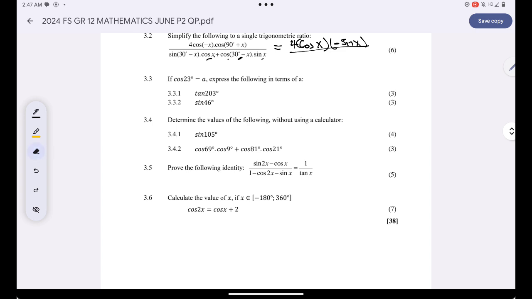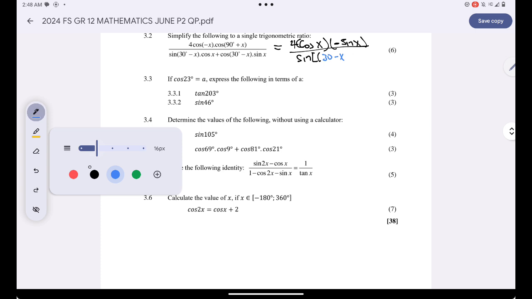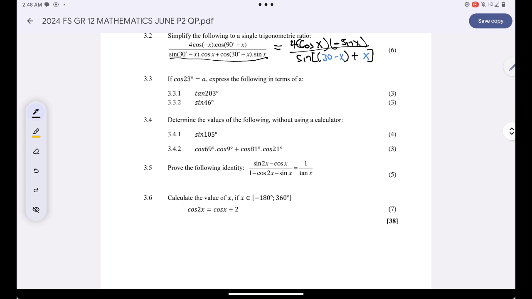So I can simply express this as sine of (30 minus x plus x). Whenever I expand this compound angle, I'll have something like this. Are you together?